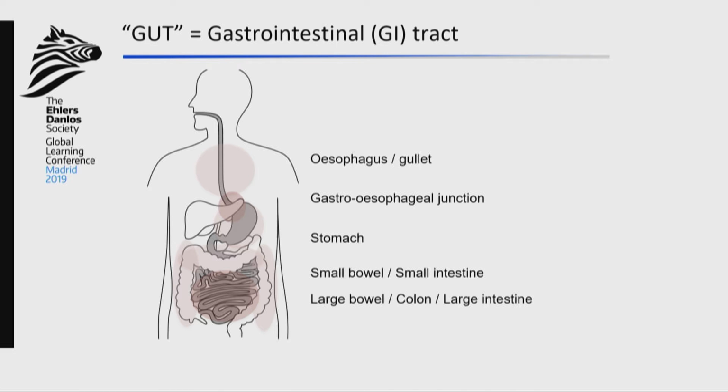The colon is quite a large tube as well, and one of the reasons is that it has to absorb all the water present in the waste. The water is slowly absorbed as it makes progress around the colon, and then it reaches the lower end of the colon, which is called the rectum, and that's where you sense that you need to go to the toilet, and then you evacuate.